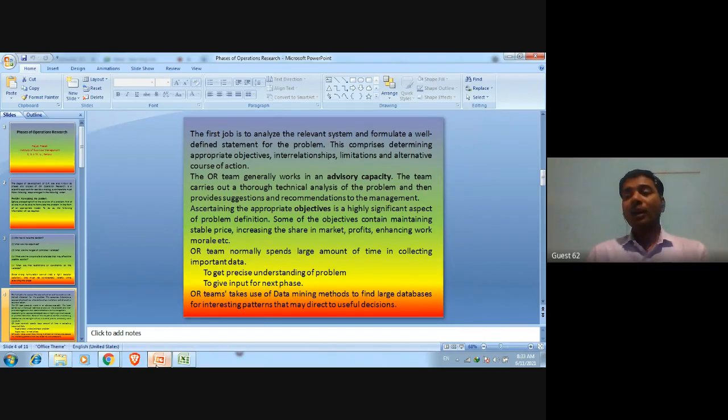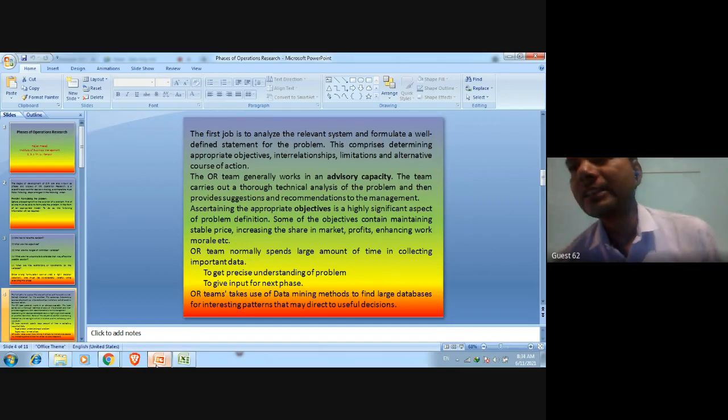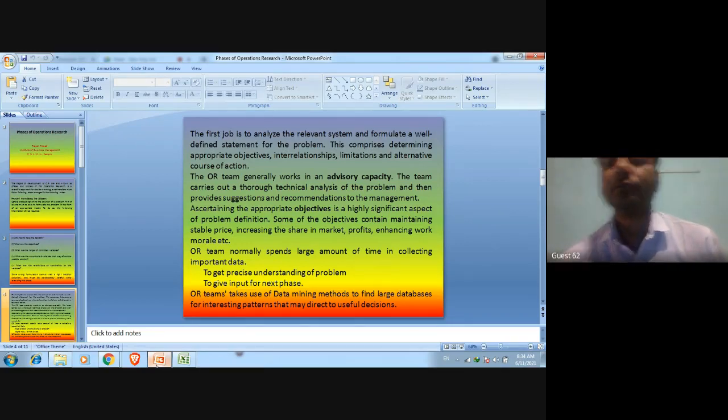And after gathering the information, operations research experts use data mining methods, because when you gather information, it is not necessary that all of it is important.